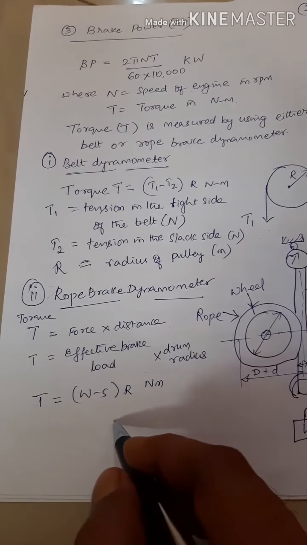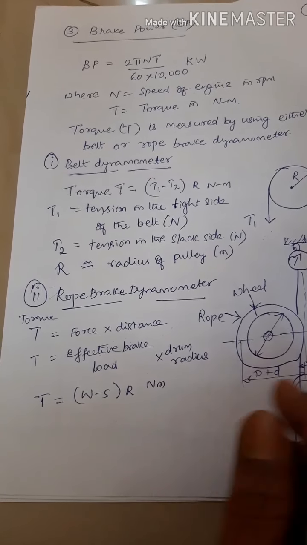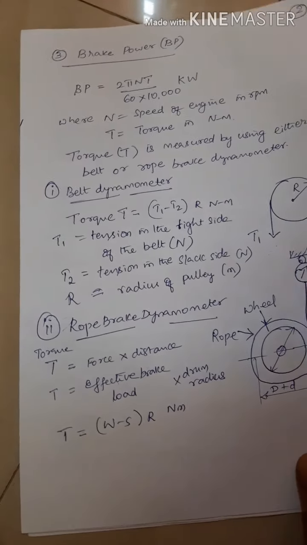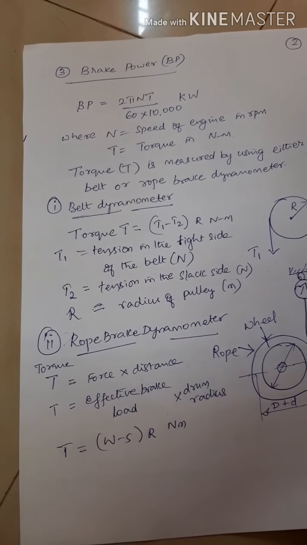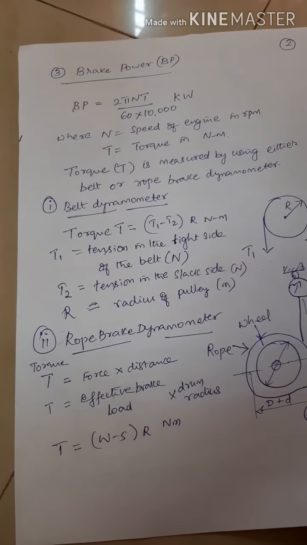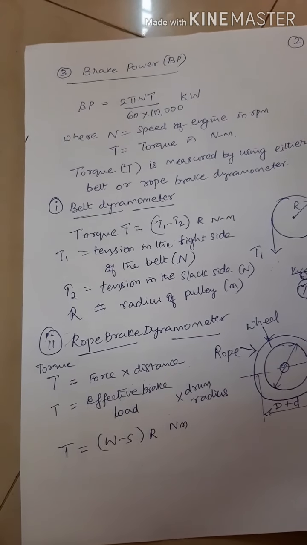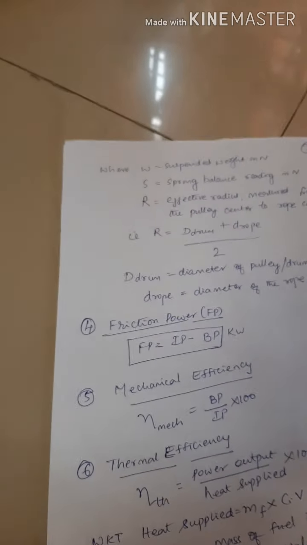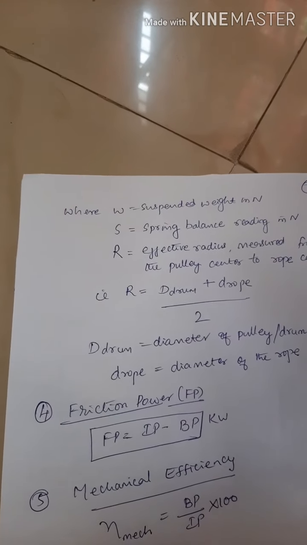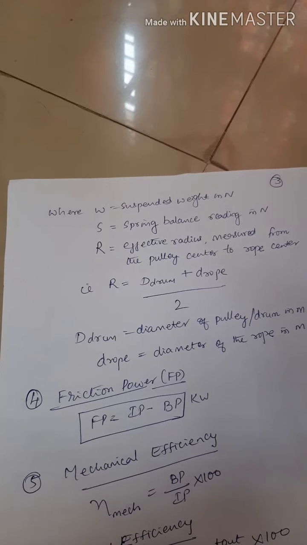Next, T is equal to (W minus S) into R Newton meter. What is S? S is the spring balance reading in Newton. W is the suspended weight in Newton.